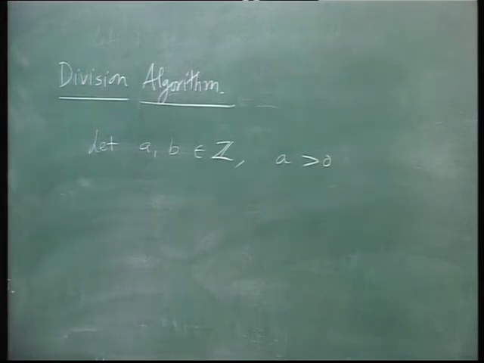So the idea is you divide b by a and you should get a quotient and remainder that should be unique.